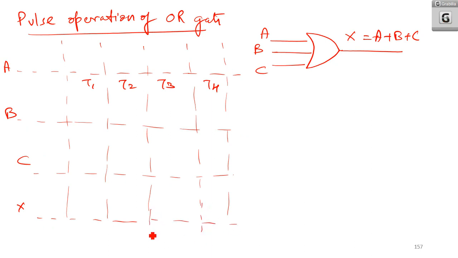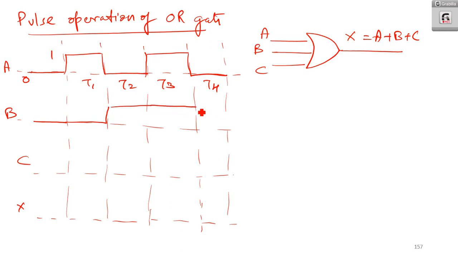Now I am drawing the pulse train of A. This is 0 at time 1, 0, 1. It is 0. This is 0 and 1. So here it is 0, 0, 1, 1, 0.